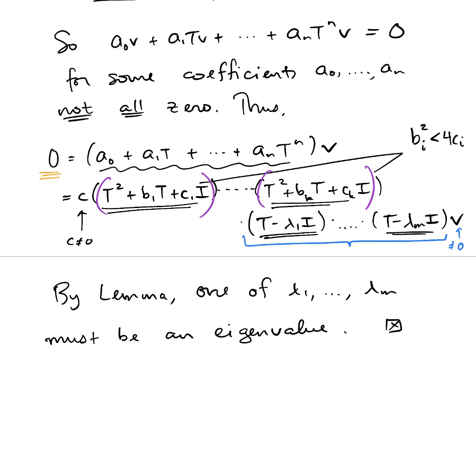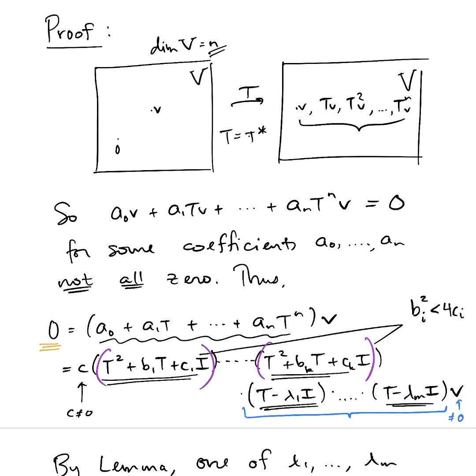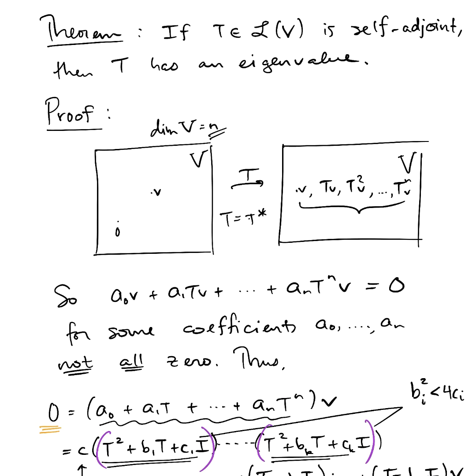We did not have access to this back in 306 in chapter 5, where we did the exact same moves and we made this list here, because we didn't have access to the idea of the adjoint and the idea of an operator being self-adjoint. But if you add that hypothesis that T is self-adjoint, then whether V is over the complex field or the real field, you are guaranteed to have an eigenvalue.